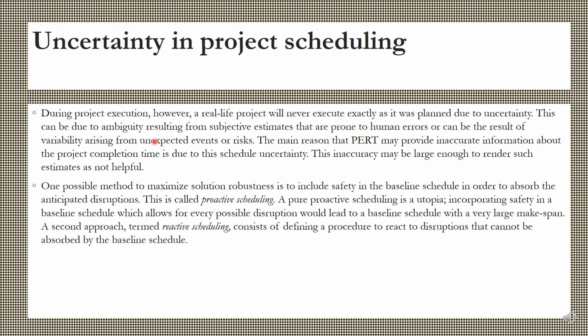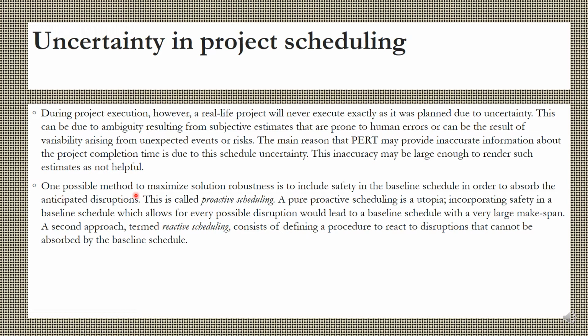This can be due to ambiguity resulting from subjective estimates that are prone to human errors, or can be the result of variability arising from unexpected events or risks. The main reason that PERT may provide inaccurate information about the project completion time is this schedule uncertainty. This inaccuracy may be large enough to render such estimates not helpful.